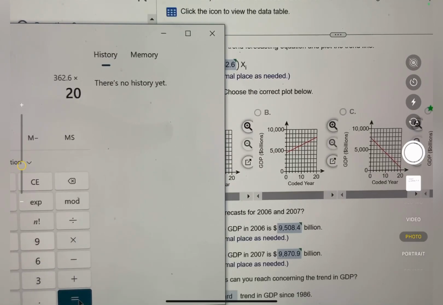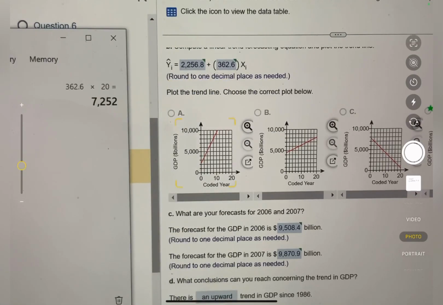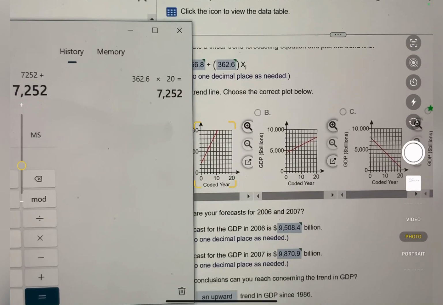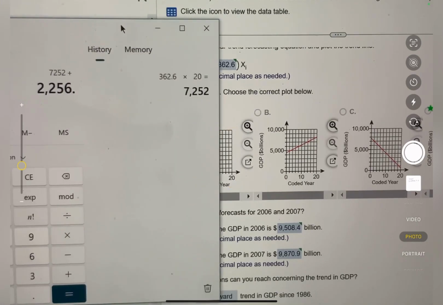I put equal sign, so make sure I got this multiplication. And then plus, what do we have? 2,256.8. And I got 9,508. So we got it. Here it is.